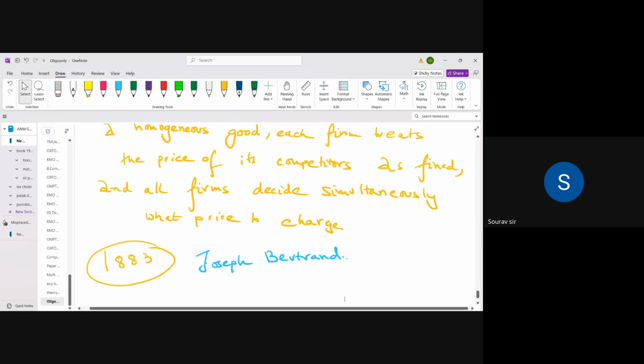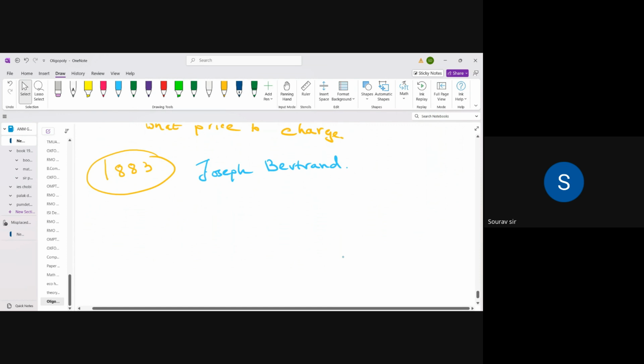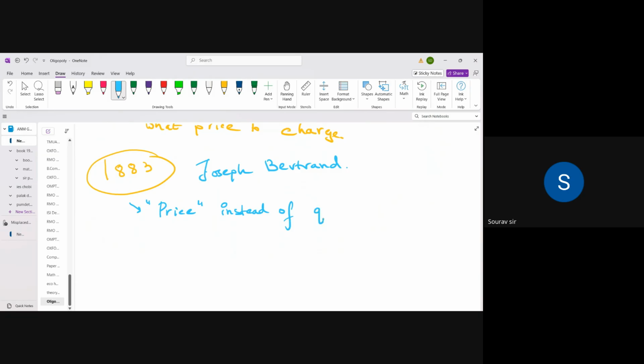Like the Cournot model, it applies to firms that produce the same homogeneous good and make their decisions at the same time. In this case, however, the firms choose price instead of quantity. That is the main difference: price instead of quantities.